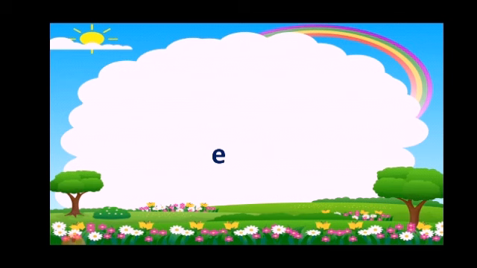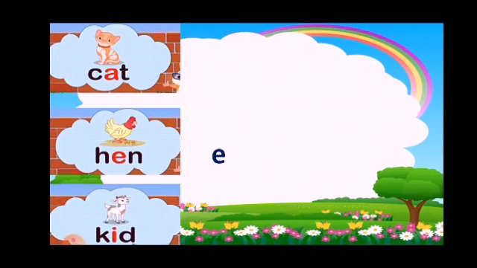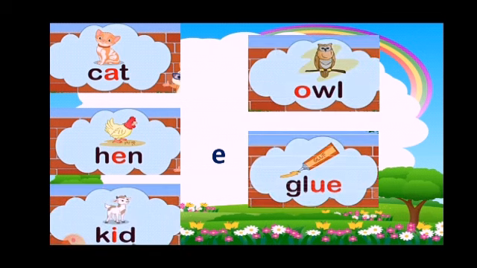For example, cat, hen, kid, owl and glue. Here in the cat, C-A-T, A is vowel. Here H-E-N, hen. Here E is vowel. K-I-D, kid. Here I is vowel.